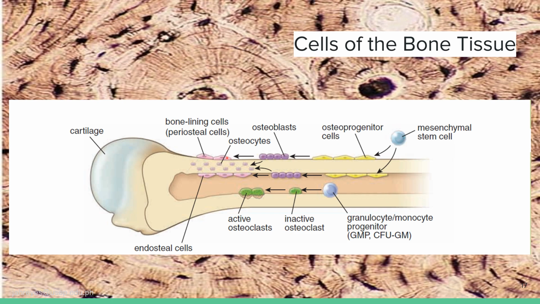The osteocytes will maintain those bone matrix released by the osteoblast, and the osteoprogenitor cells and the bone lining cells. So when external surface bone lining cells are referred to as periosteal cells, and when found in the internal layer, they are referred to as the endosteal cells.